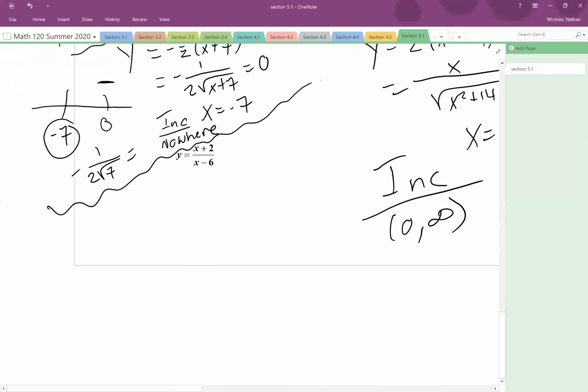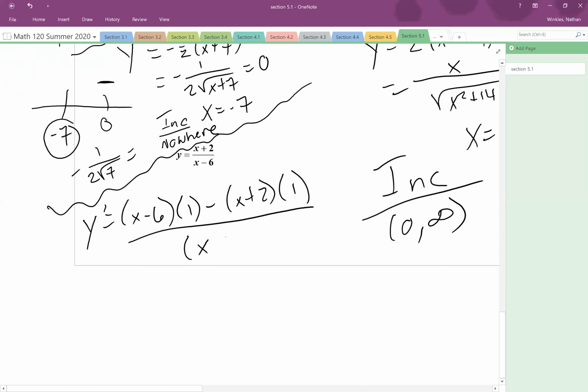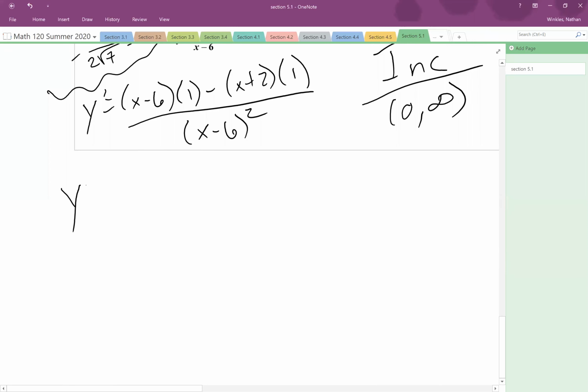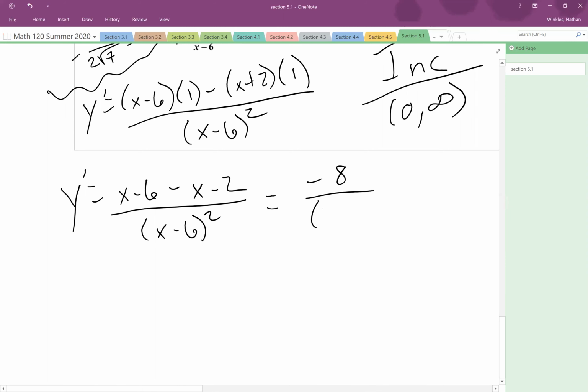For this one, y equals x plus 2 over x minus 6. So y prime equals low d high minus high d low over the bottom squared. So that means y prime equals x minus 6 minus x minus 2 over x minus 6 all squared, which is -8 over x minus 6 all squared.